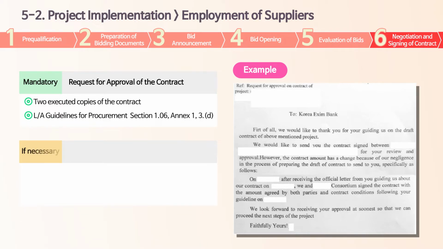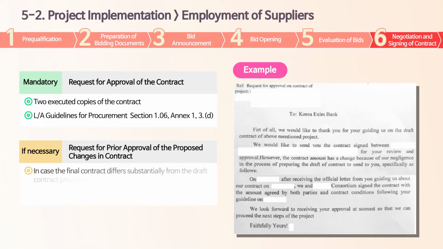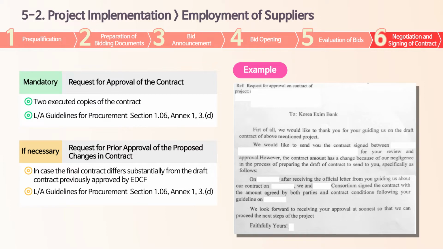If the final contract proposed to be executed differs substantially from the draft contract previously approved by EDCF, or if any substantial amendment of the contract is proposed after its execution, PEA should ask for a prior approval of EDCF. Congratulations again!